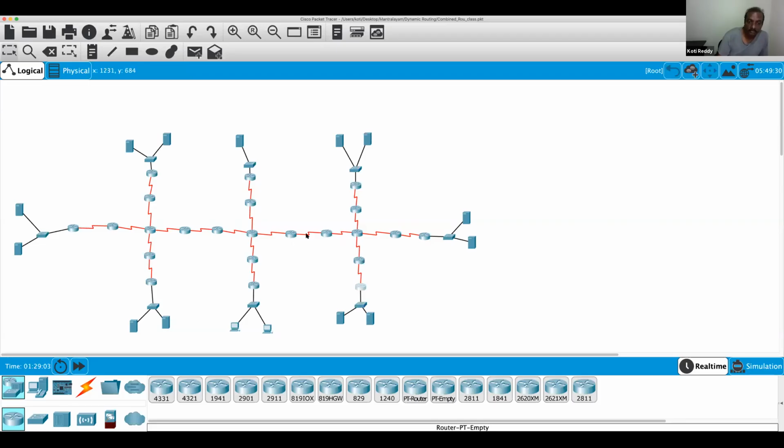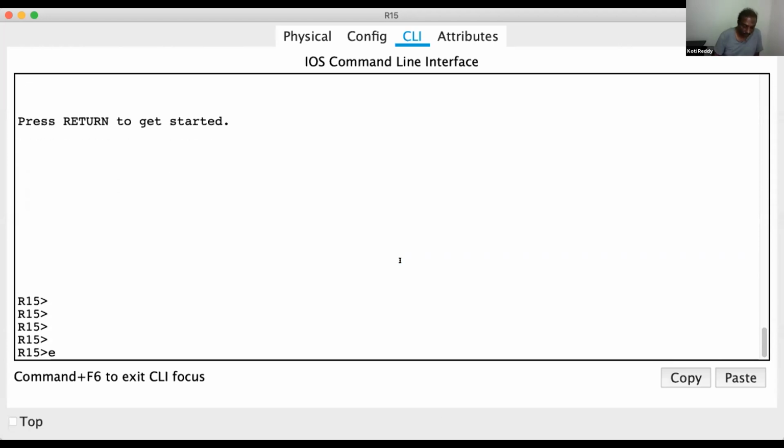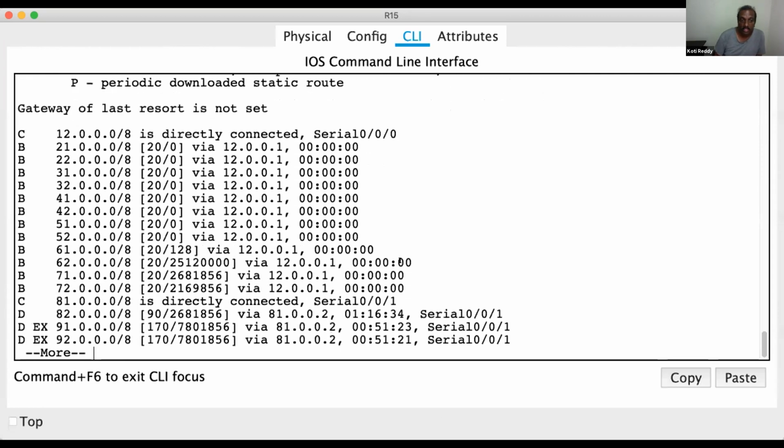I go to R15. I say enable. I say show IP route. What should I see here?